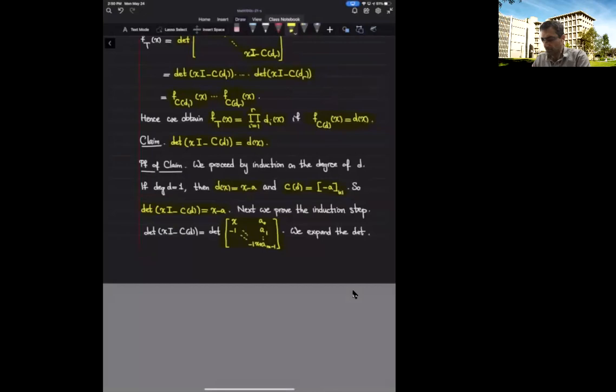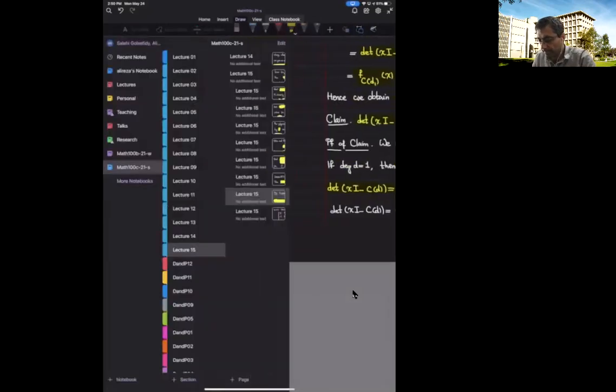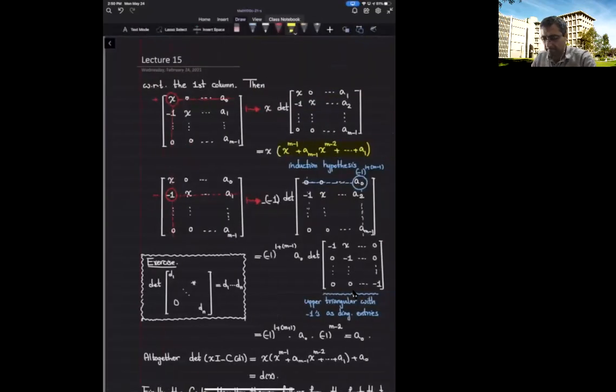Okay, so I need to compute the determinant of this matrix, and what I will do is use expansion with respect to maybe the first column. That means I choose the 1,1 component and then delete the first row and the first column.